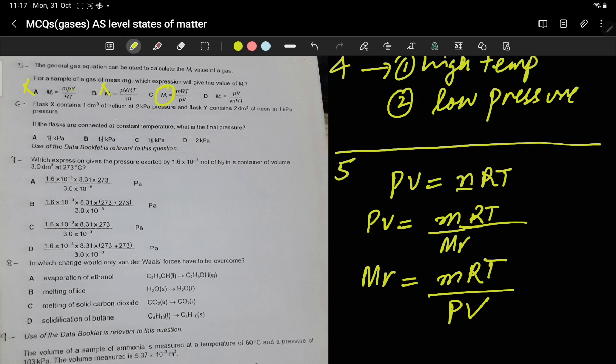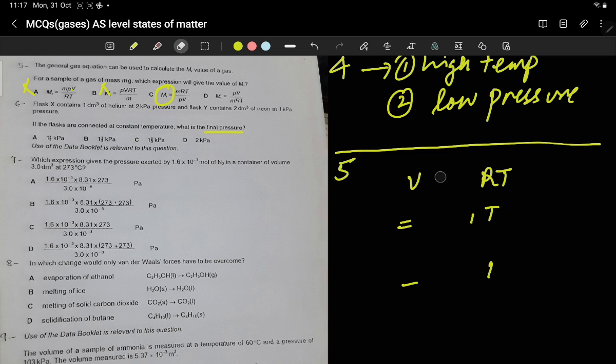Flask X contains 1 dm cube of helium at 2 kilopascal pressure, and flask Y contains 2 dm cube of neon at 1 kilopascal pressure. If the flasks are connected at constant temperature, what is the final pressure? So question number 6.